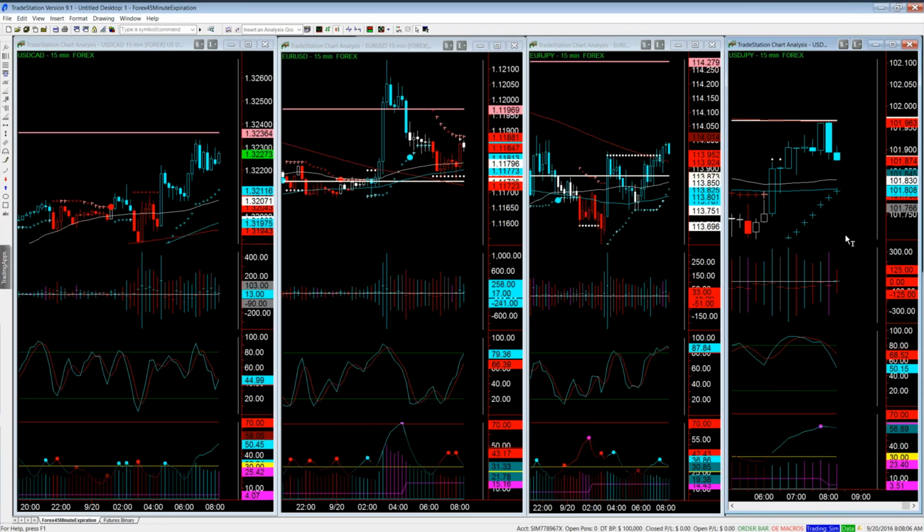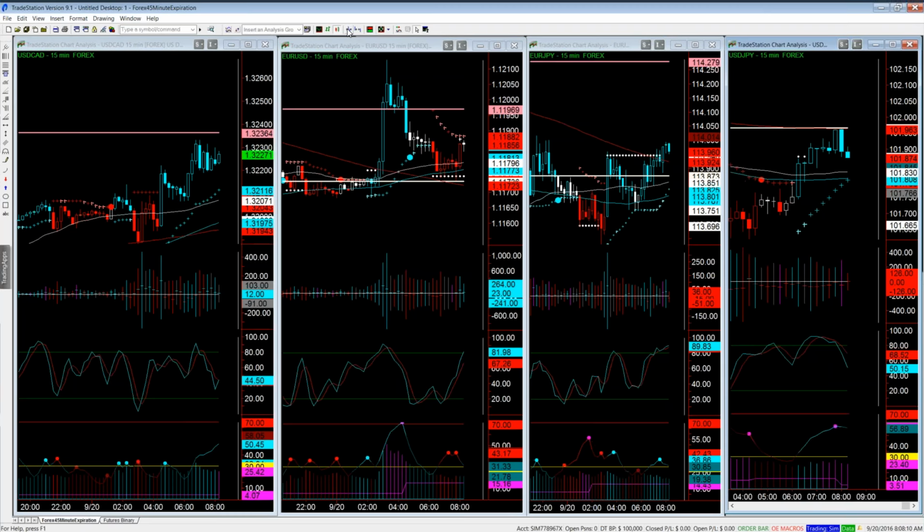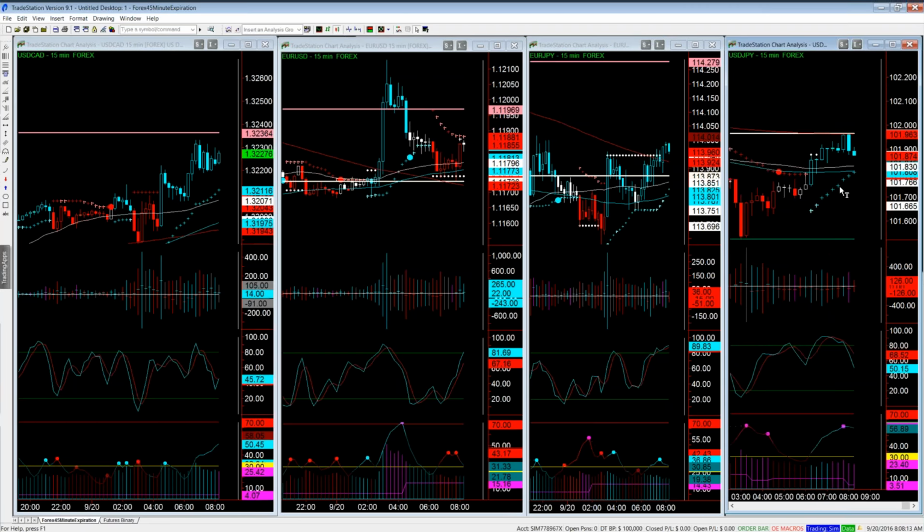That typically means that this market's going to come down. Where would I anticipate it going? If it breaks through this ATR here in this moving average, it's I believe a 50, a 100, and a 200, okay? If it breaks through this area, it's likely to go down to this green line. Any questions on that?